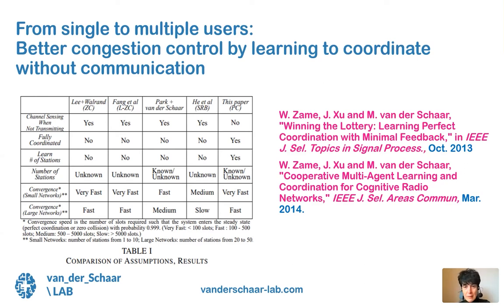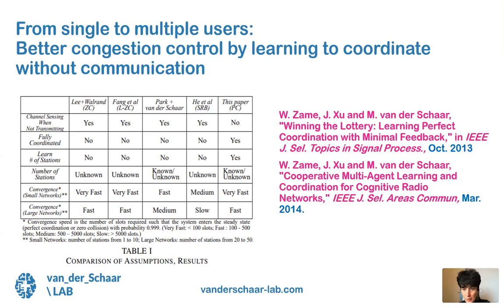So different stations, different wireless transceivers can learn based on the collisions they observe, how to coordinate and when they should transmit. And this represents another type of learning, a very powerful learning, where on the basis of the different information that's fed back to the transceiver about the collisions, the stations can learn to effectively use the spectrum, and they can actually achieve perfect coordination.